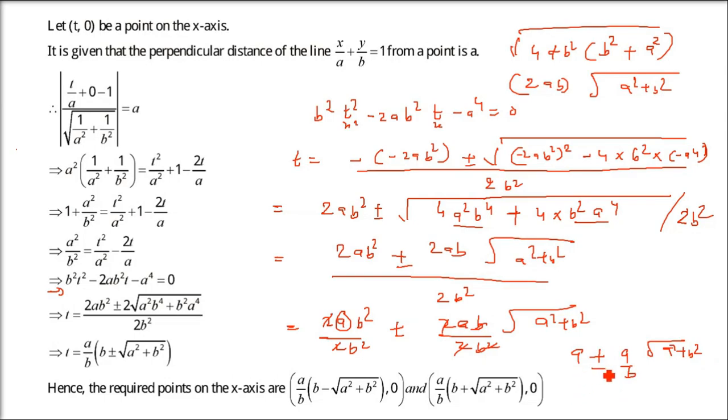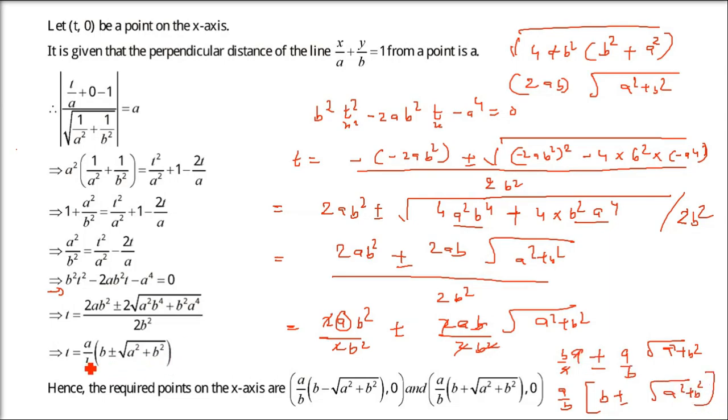Now take a by b common. In the question, or in the final solution, you have a by b outside. So I'm taking a by b outside, so b by a you have to multiply for the first term. So a by b I am taking, inside you are going to get b plus minus, under root a square plus b square.